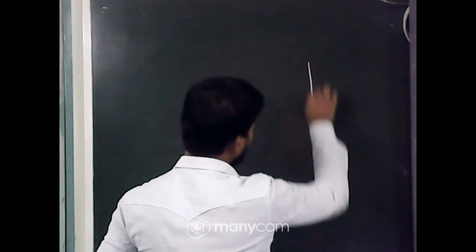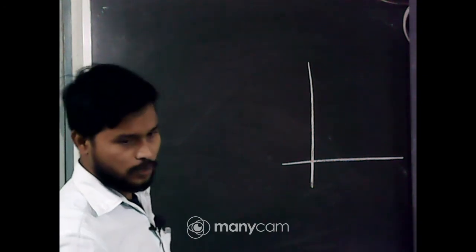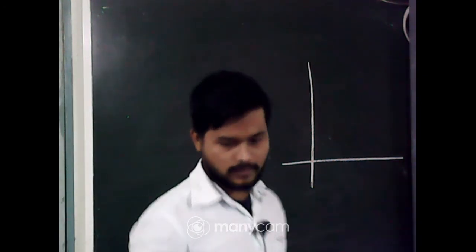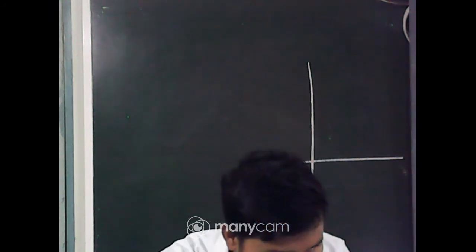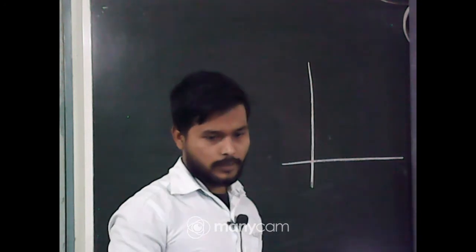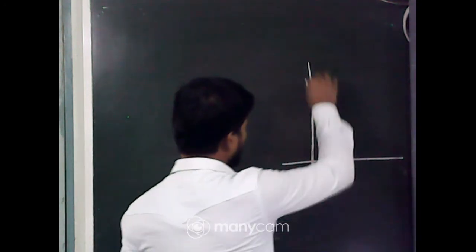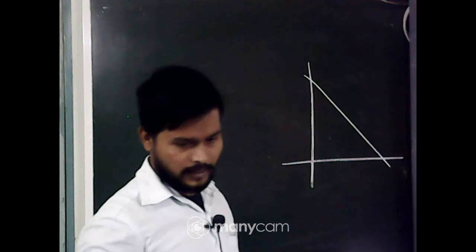This is a set of rectangular axes, perpendicular to each other. A straight line intersects the x axis and y axis at distances a and b units.